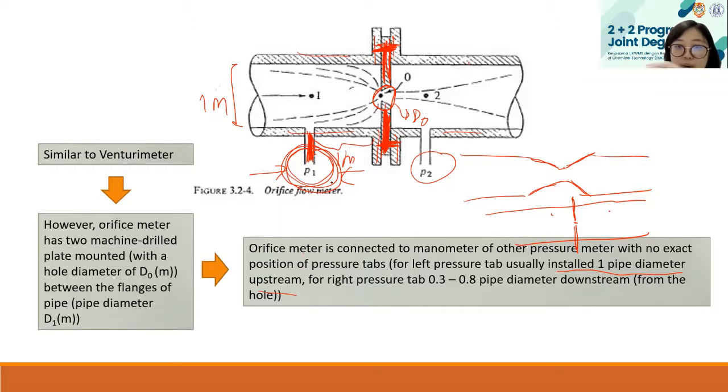While for the right pressure tap, it's only 0.3 up until 0.8 pipe diameter downstream. So if it's 1 meter, from the mounted plate to the manometer on the right is only 0.3 meter up until 0.8 meter. So it's shorter compared to the left-hand side.